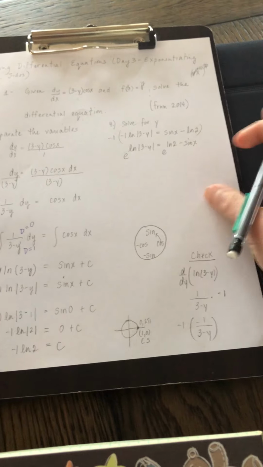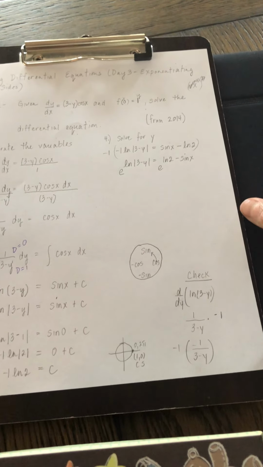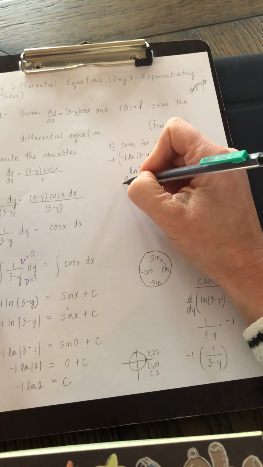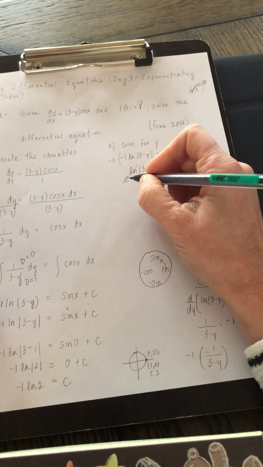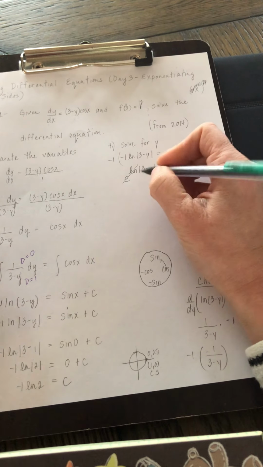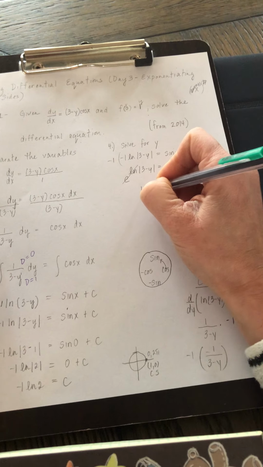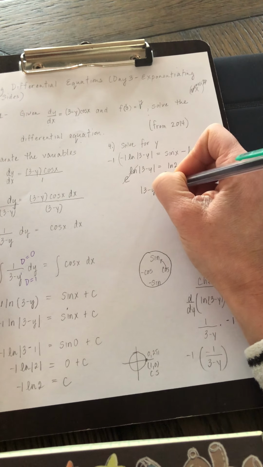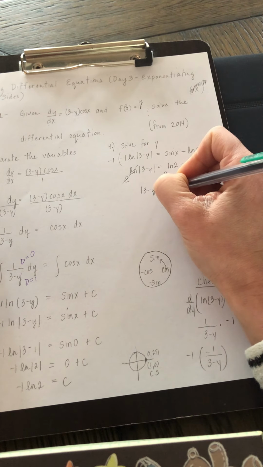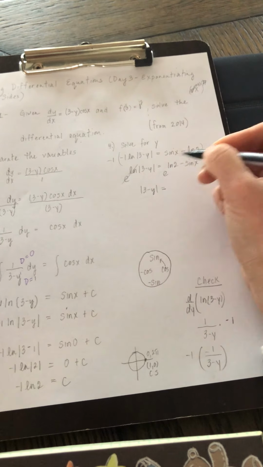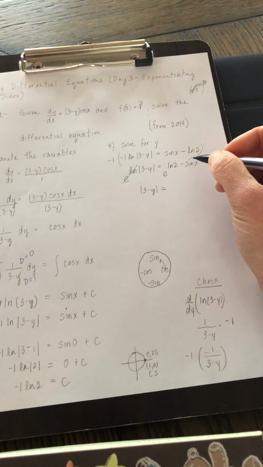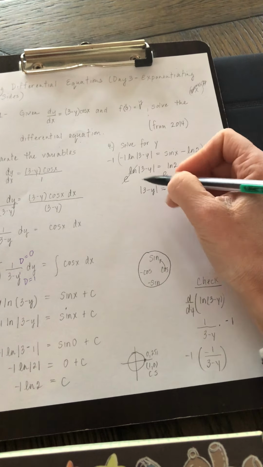Well, the e to the x and ln of x function are inverses as well. So the shortcut is that when we have this e to this ln situation, essentially you can cancel it out. And it's really just equal to what was next to the ln. In this case, the absolute value of 3 minus y.